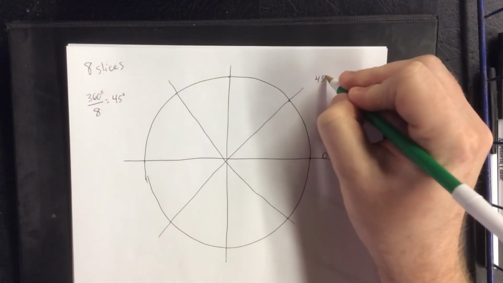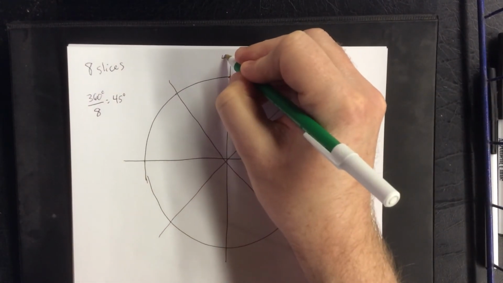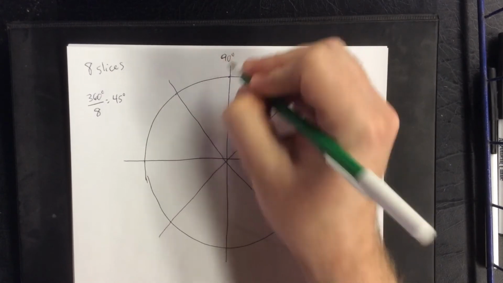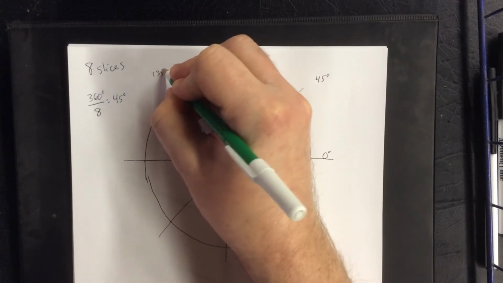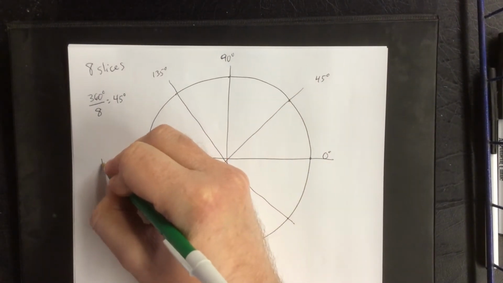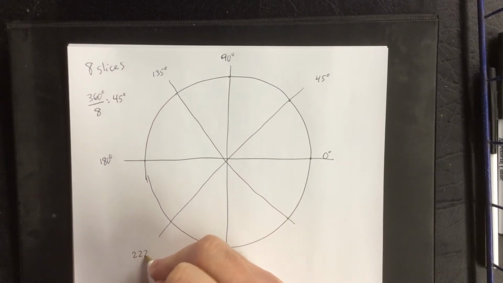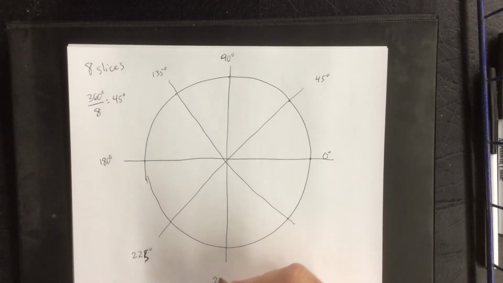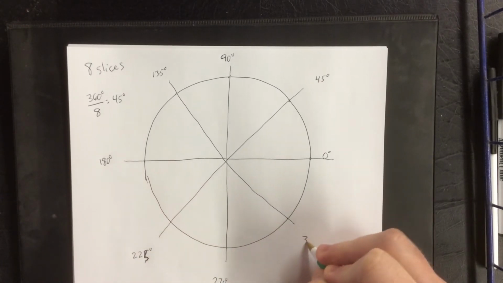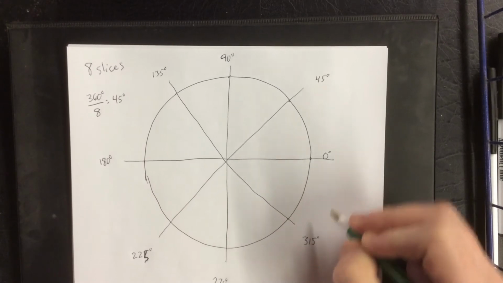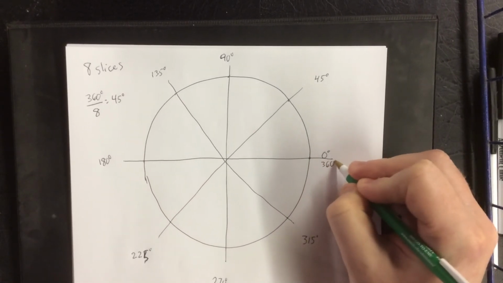This is 45 degrees, plus 45 degrees will be 90 degrees, plus another 45 will be 135, plus another 45 will be 180, followed by 225, 270, 315, all the way to 360 degrees.